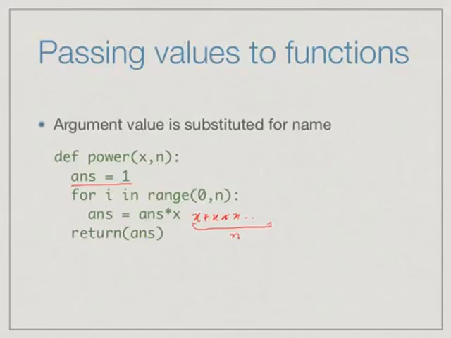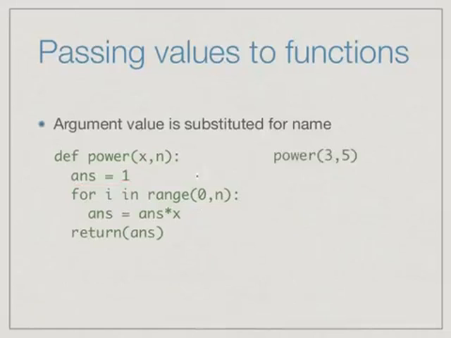Now, the way we would use this function in our code is to write an expression of the form, say, power(3, 5). Obviously what this means is that 3 should be used for x and 5 should be used for n. We would then run this code with the values x equal to 3 and n equal to 5.